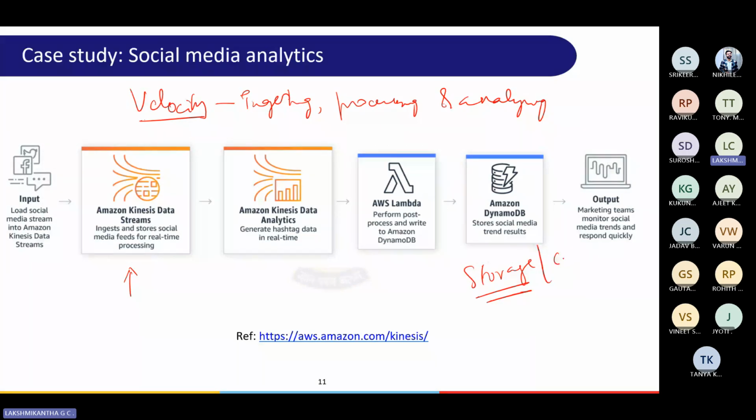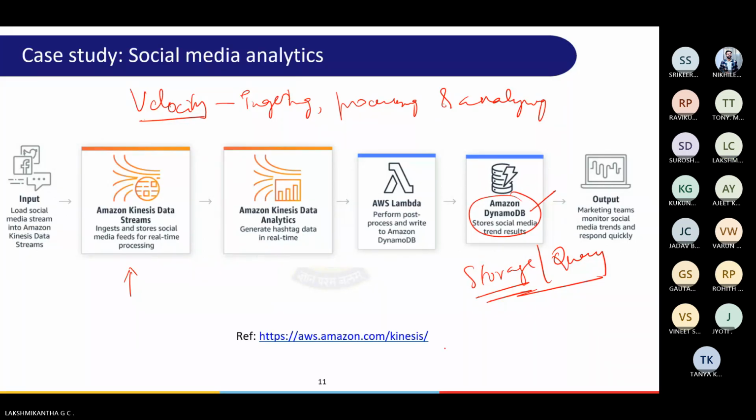The processed data, already processed, is now stored in a fast NoSQL database. Let me take the example of DynamoDB. We have stored everything on DynamoDB, or we have stored everything on Redshift. Redshift is the best example of a data warehouse.